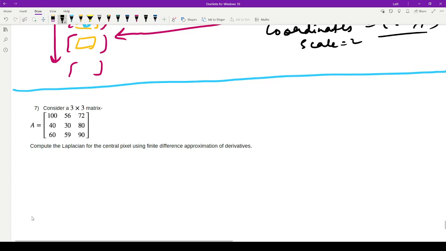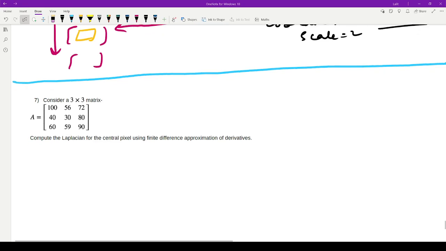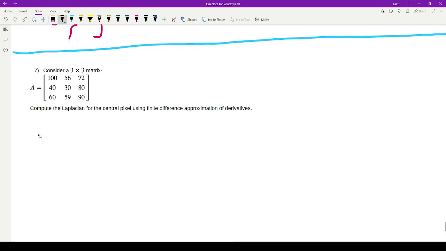Compute the Laplacian of the central pixel using finite difference approximation of derivative. So how do we proceed with this? How does the Laplacian look with finite differences?